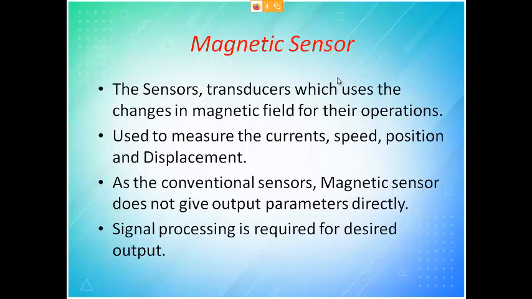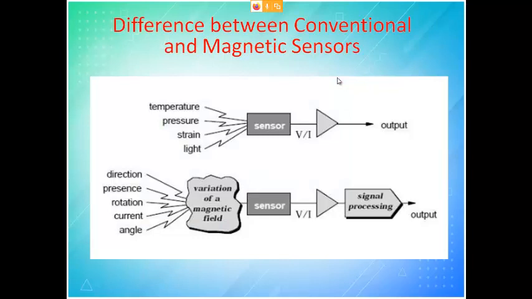As a conventional sensor, a magnetic sensor does not give the output parameter directly. The only difference between the strain gauge and magnetic is that the magnetic output will not be directly electrical. So you have to do some sort of arrangement for conversion, as you can see clearly from this picture.